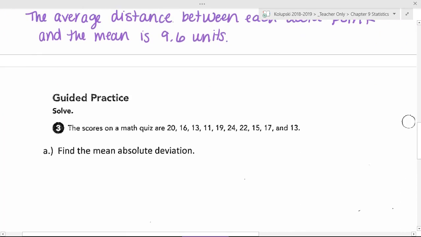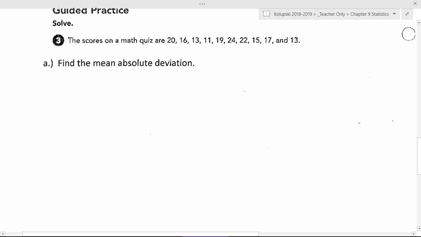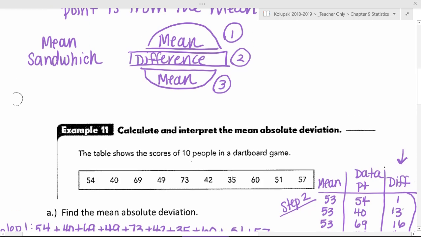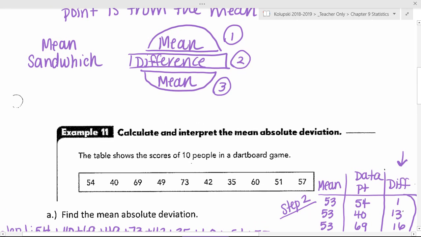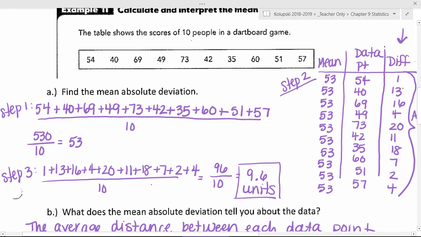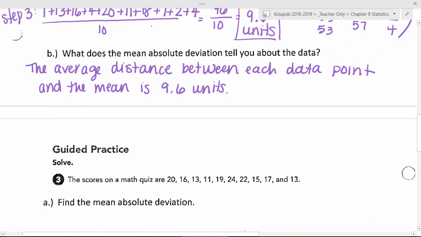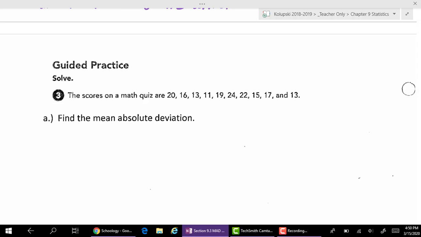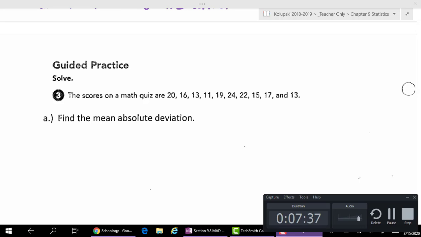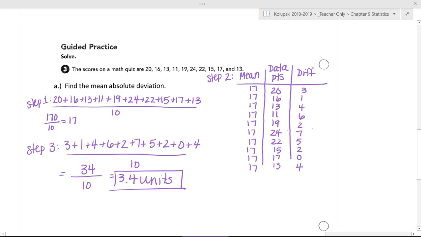So you have one to try on your own, just one, but you're going to follow your sandwich. So find the average, find the difference, find the average of those differences. So go ahead and pause the video and give that a try. So for step 1, when you found the average, you should have gotten 17.